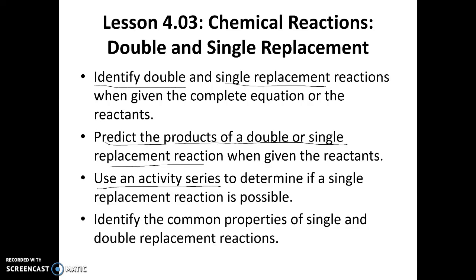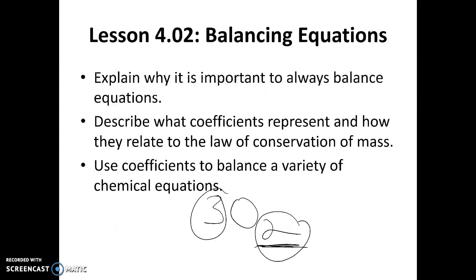By the way, you should have your activity series in your notes previously. If you have not put it in your notes yet, this would be a good time before you take your DBA to make sure you have it somewhere in your notes, because your teacher could be asking you an activity series question as part of that. So lastly, with this lesson, we're identifying some of the common properties of single and double replacement reactions.